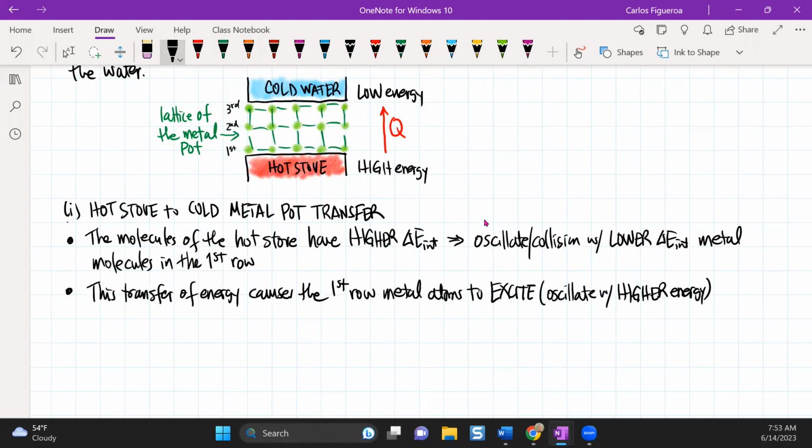And so what happens here is that now a ripple effect occurs.